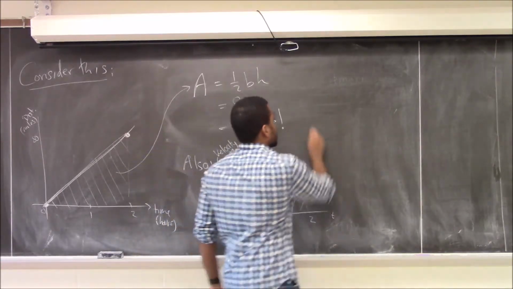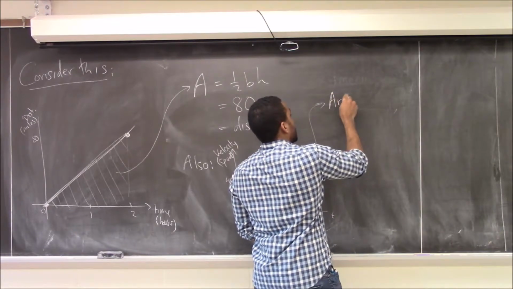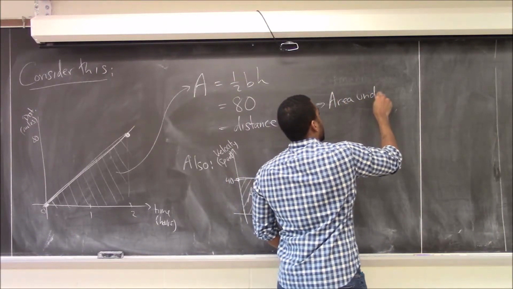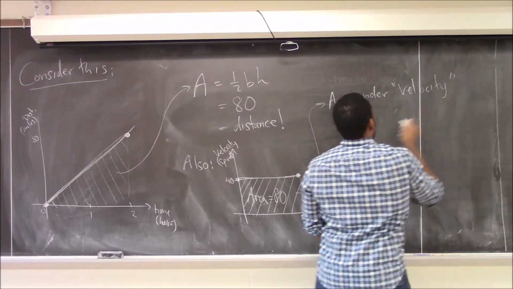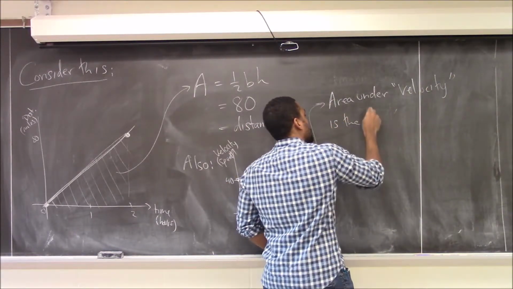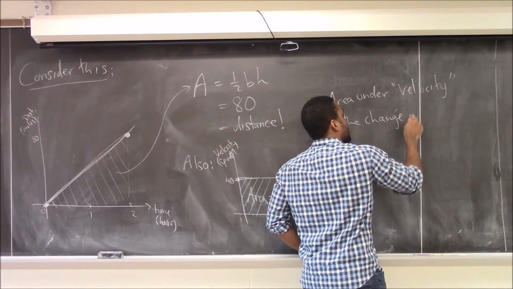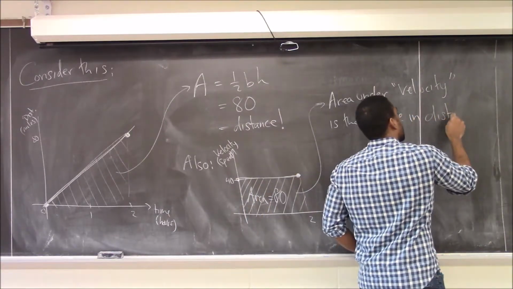In other words, the area under velocity is the change in distance.